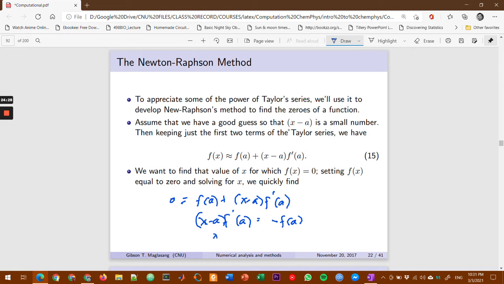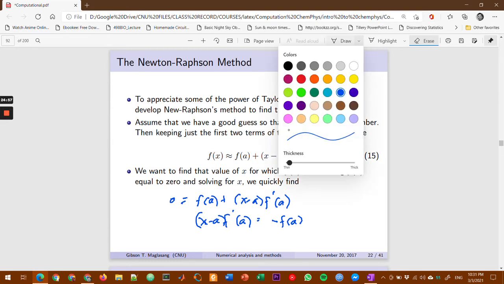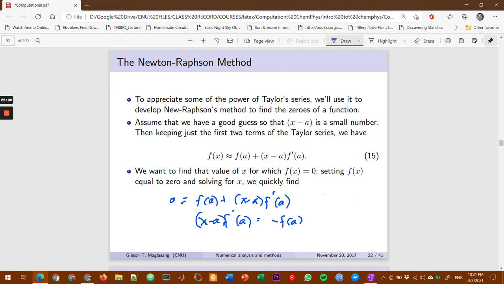So we have x f prime of a minus a f prime of a equals negative f of a.